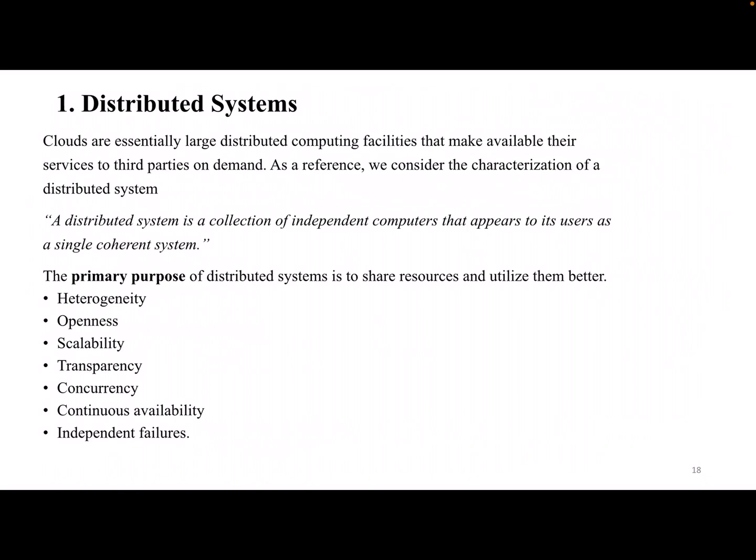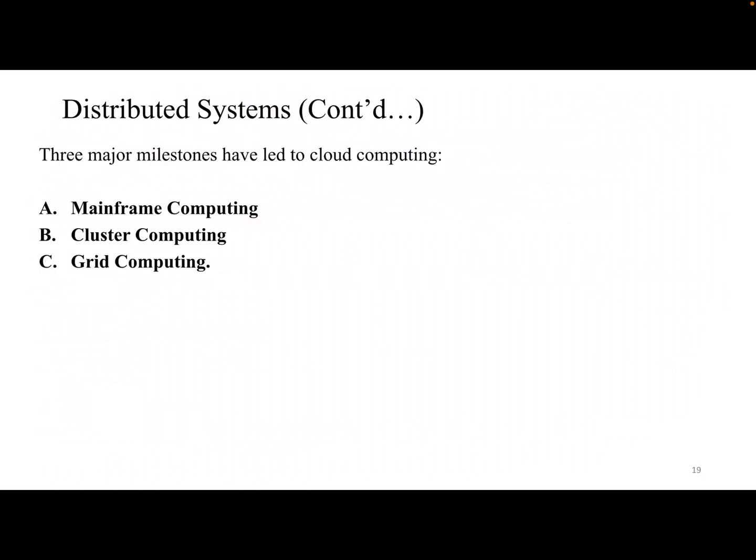What kinds of services, or types, we will see in the upcoming slides. The main purpose of the distributed system is to share resources and utilize them better in terms of heterogeneity, openness, scalability, transparency, concurrency, continuous availability, and independent failures.